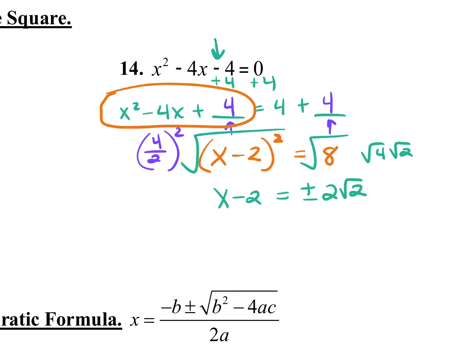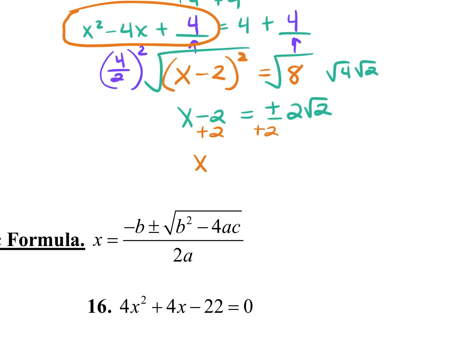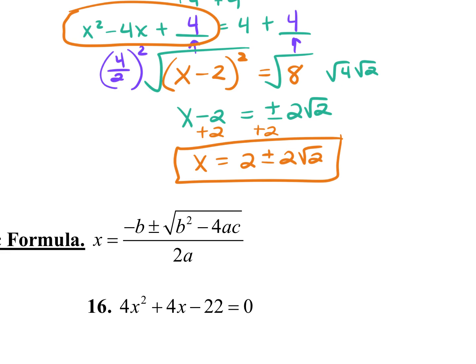Okay, now from here, you're just going to add 2 to both sides. And again, if you would prefer to set this up as two equations, that's fine, but they don't simplify beyond this. So if it were me, I would just write it as 2 plus or minus 2 rad 2, and that's as far as you can go with it. So just leave it like that. If you prefer to say 2 plus 2 rad 2, and then 2 minus 2 rad 2, that's fine too.